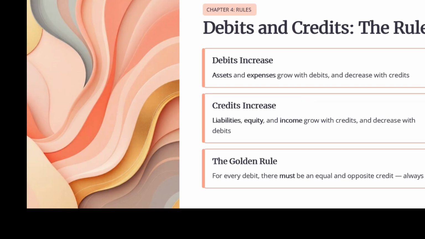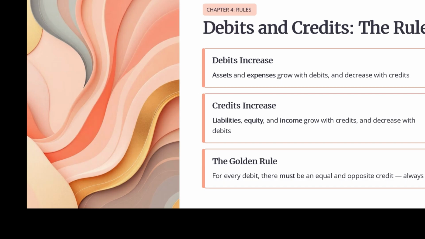Rules, debits, and credits. Debits and credits often confuse people, but the rules are consistent. Assets and expenses increase with debits.